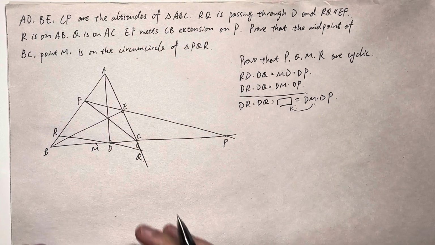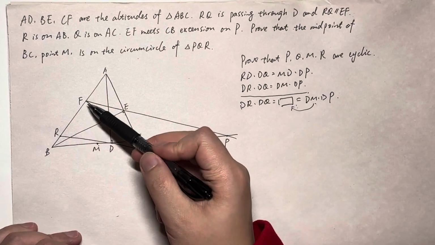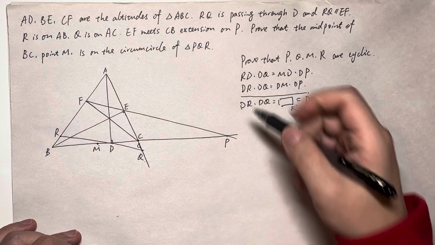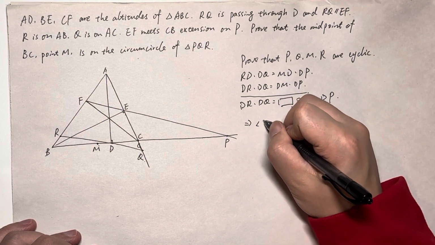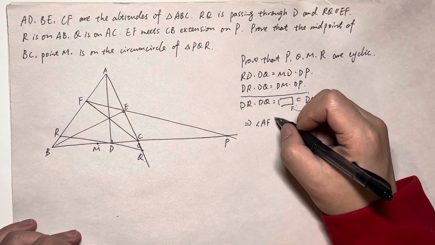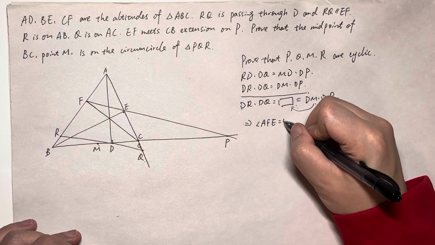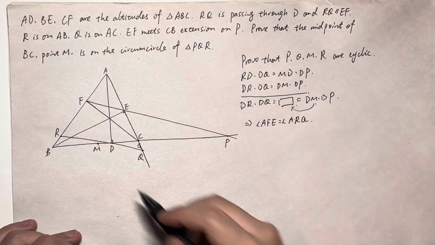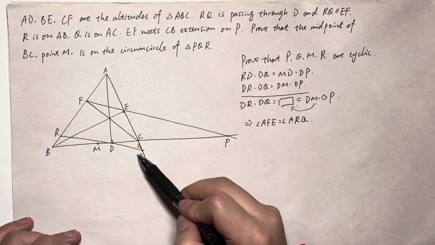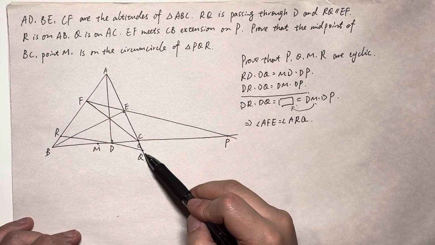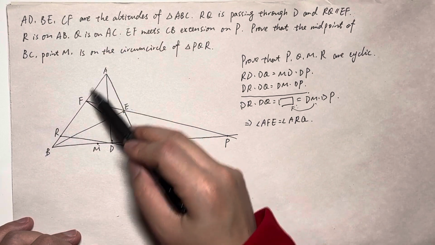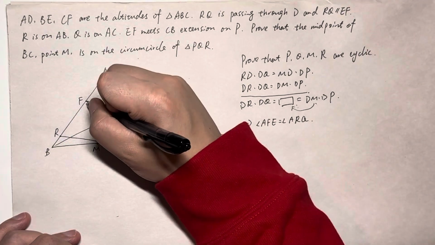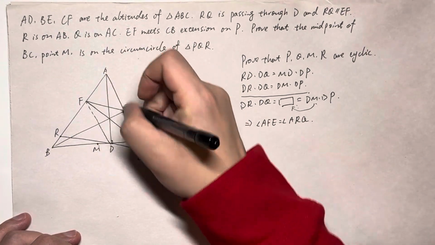Now let's use what we have here, that FE is parallel to RQ. That means angle AFE equals angle ARQ. And let's connect FD and ED.